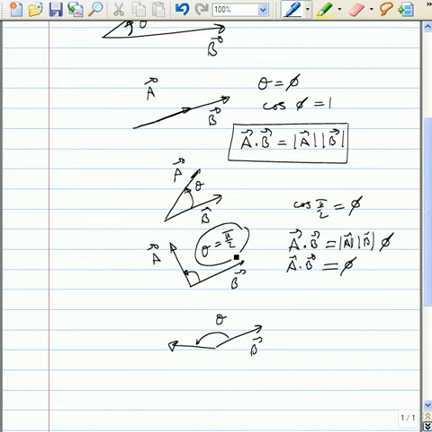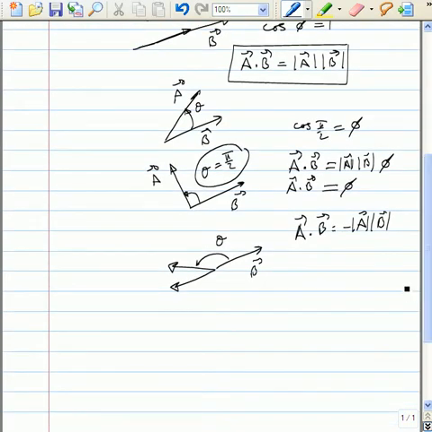And as you keep increasing theta, the dot product changes again, but this time towards the negative direction, such that the other extreme value is when theta is pi. Cosine of pi is minus 1, so you end up with A dot B equal to minus magnitude of A times magnitude of B.